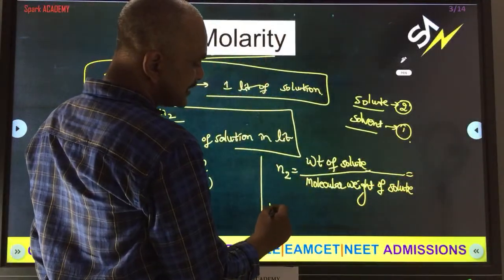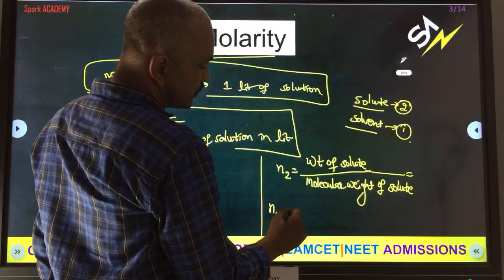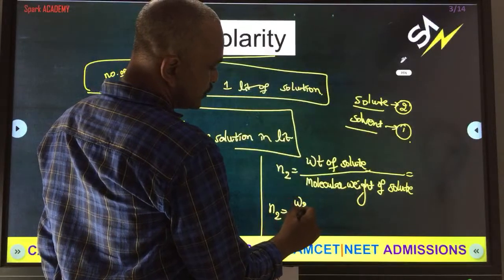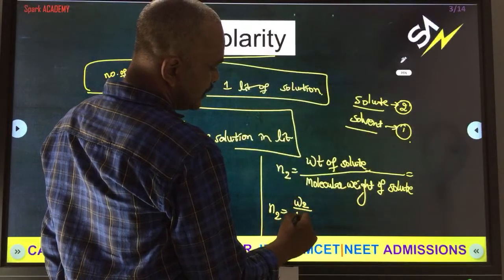That's why we can write N2 equals W2 by M2.